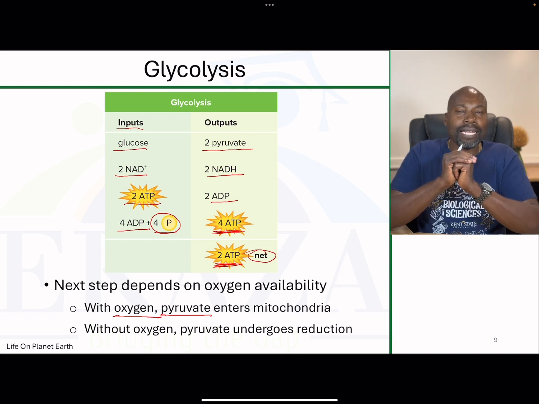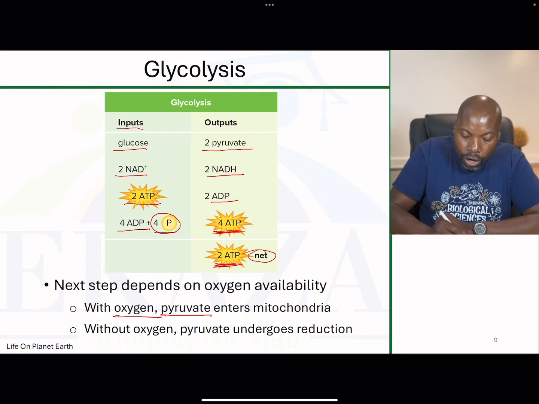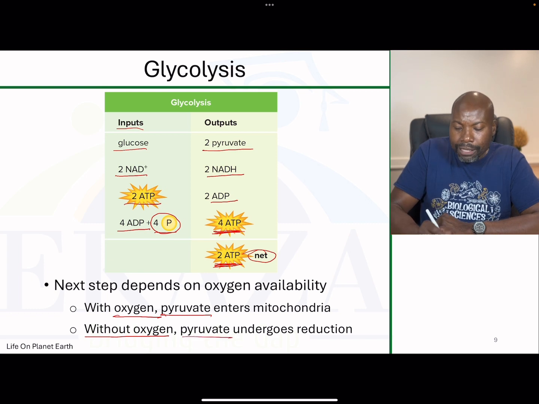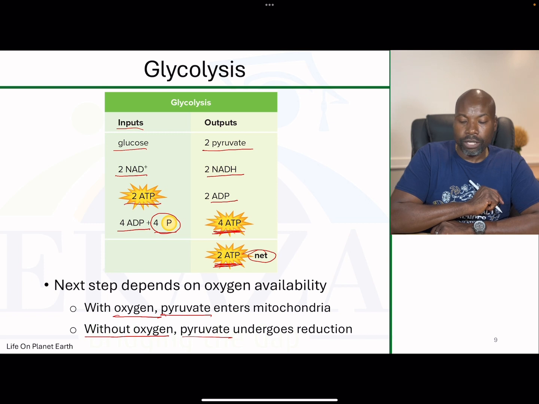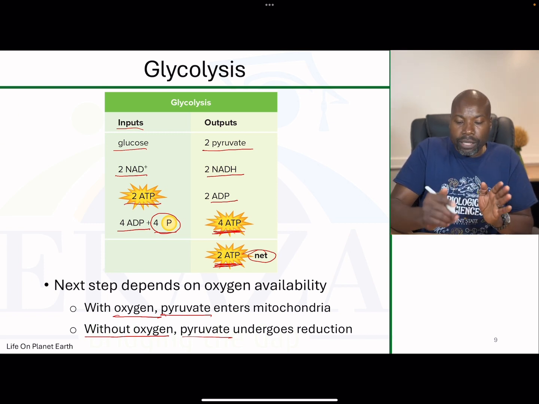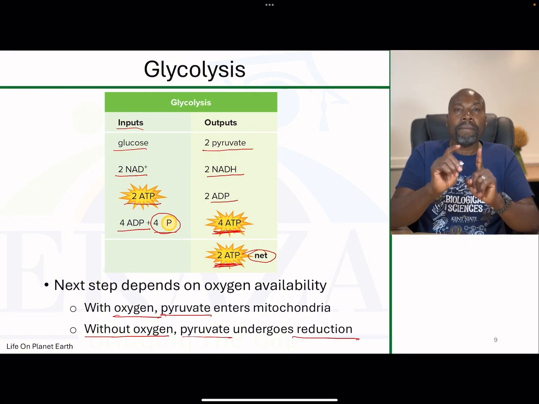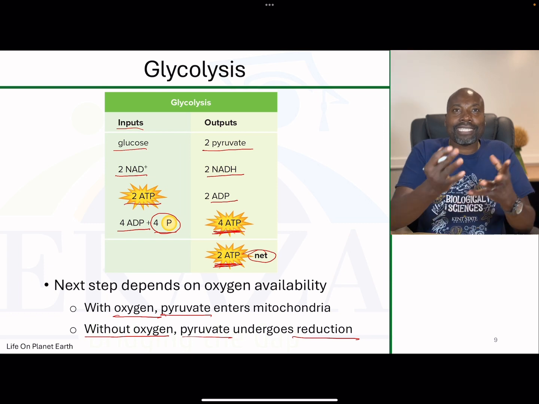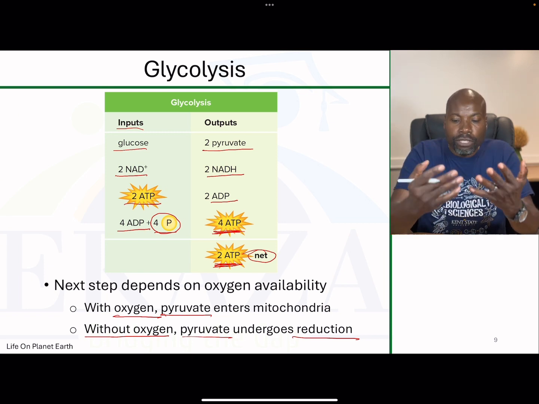But let's assume that there is not enough oxygen because we are exercising so much, right? Without oxygen, pyruvate does not actually go in the mitochondria. No, it doesn't. It stays in the cytoplasm. And at that point, that pyruvate is going to undergo reduction. Remember, reduction reaction is gain of electrons, right? Oxidation reaction is loss of electrons.